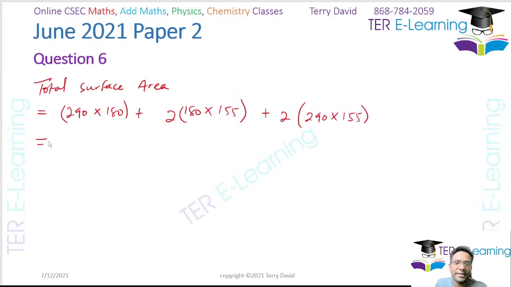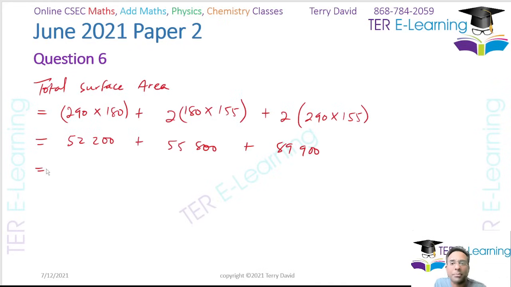Let's work out each part separately. 290 by 180, that's the base, is 52,200. Then 180 by 155 multiplied by 2, you're going to get 55,800. Then we take 290 multiplied by 155, and multiply this by 2, and you're going to get 89,900.